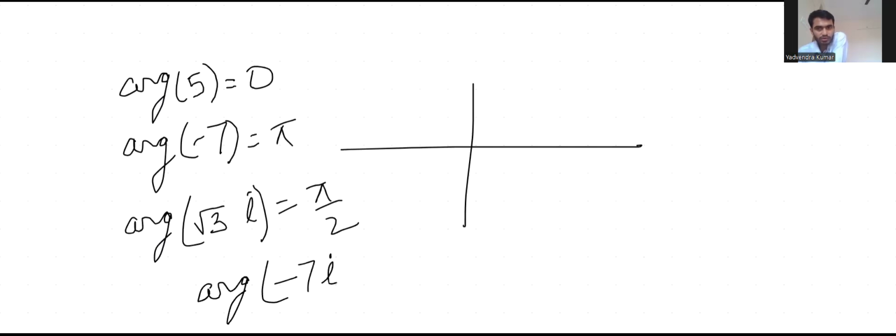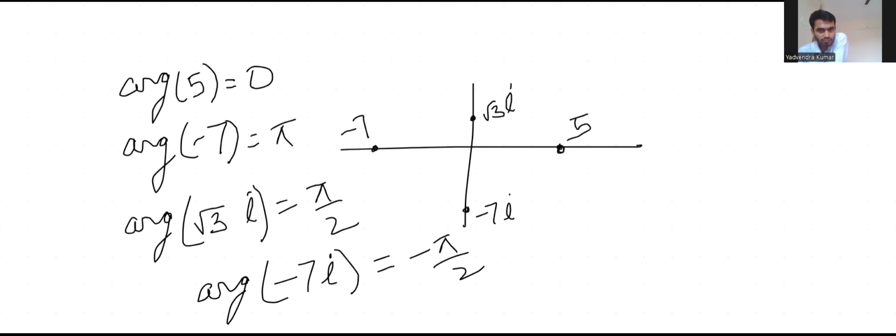Why? Because first, 5 is a positive number sitting here. Now minus 7 sitting here, right? Root 3 iota sitting here, and minus 7 iota sitting here. So in this case, the angle is minus pi by 2.